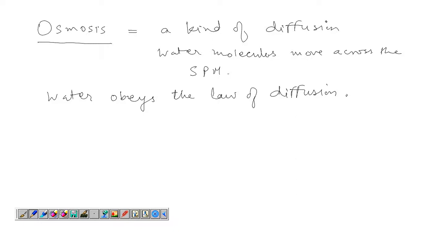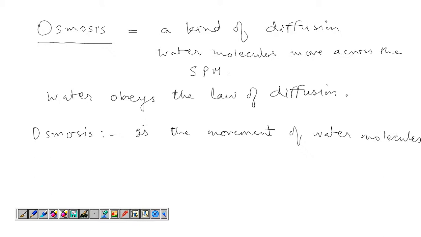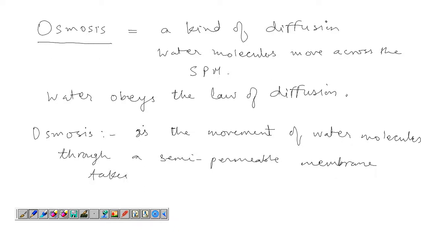Now, what is osmosis? Osmosis is the process in which movement of water molecules through a semi-permeable membrane takes place.